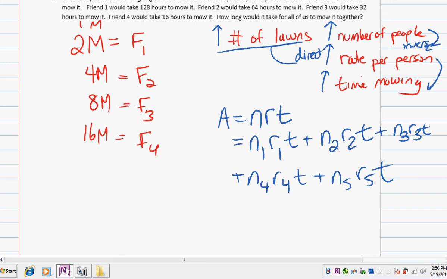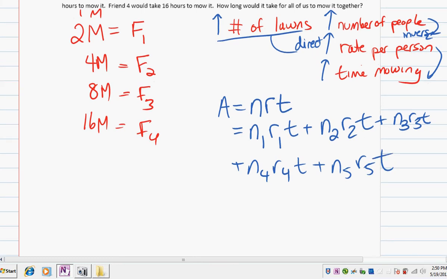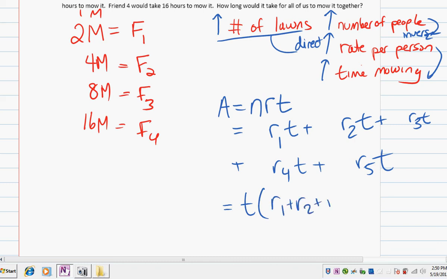Or looked at a different way, since there's only one of us for each of these, the N's are just ones. If we had more than one person, this would become more complicated. But there's one person at each rate, and so what we're really looking at here is time times rate 1 plus rate 2 plus rate 3 plus rate 4 plus rate 5.